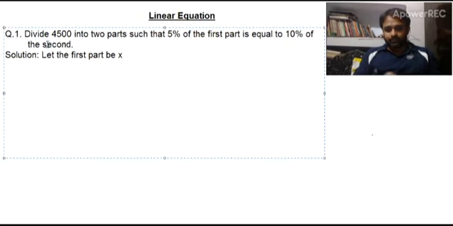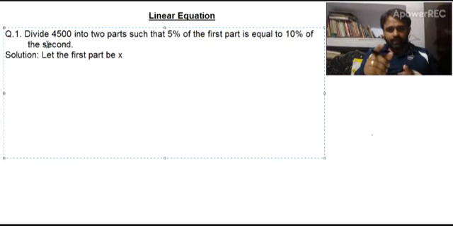It is not like we always take x. It's not mandatory. We generally take x whenever we are taking something which is unknown to us, but it is not mandatory that only this particular variable is assigned for taking let. Instead of x you can take a, b, c, d, whatever you want. Understood? Now we can proceed.